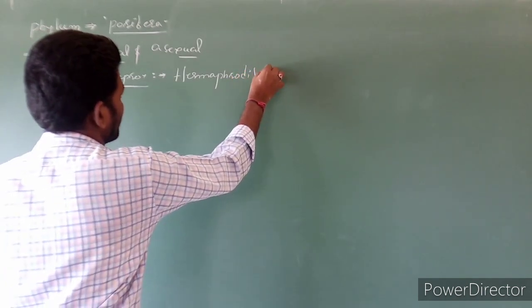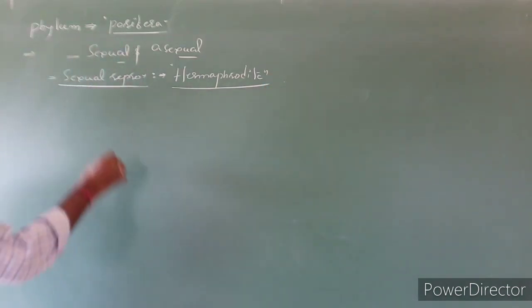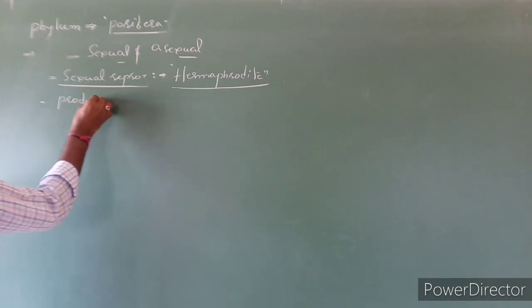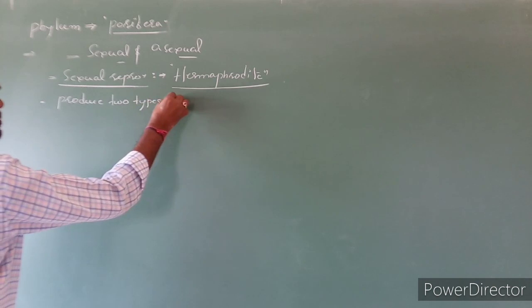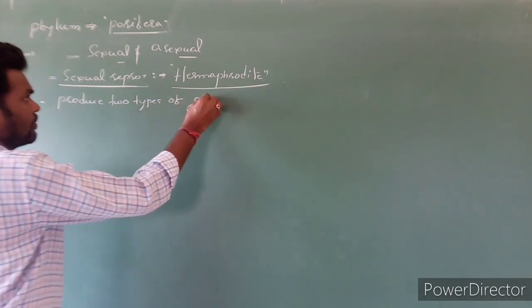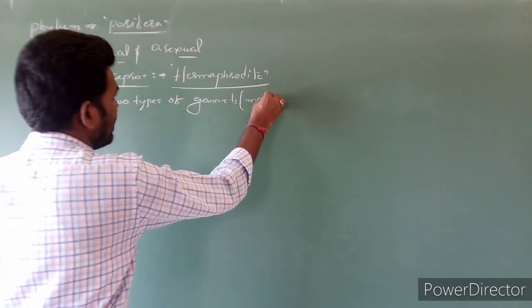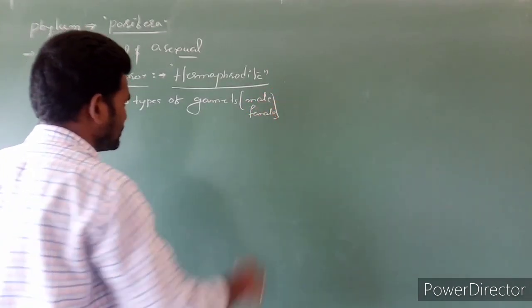It means the organism produces two types of gametes, one acting as male and one as female.